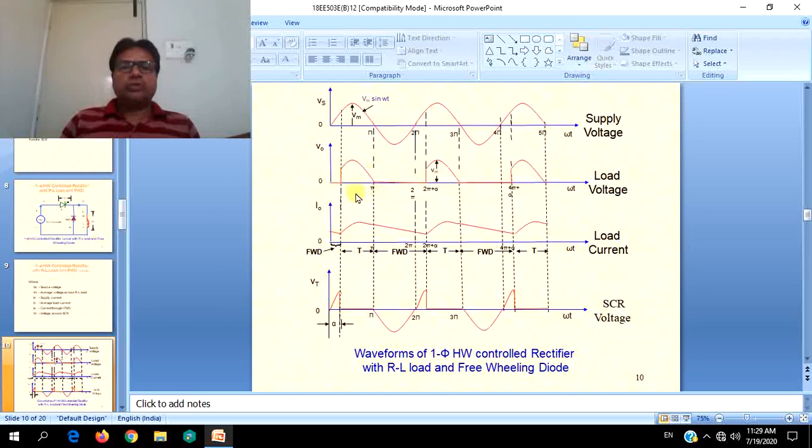Now come to the load voltage. It is 0 from 0 to alpha. At alpha, as the SCR turns on, the load voltage comes into the picture. Exactly at the angle pi itself, because of the freewheeling diode, the total voltage will appear across the SCR only, and the load voltage will become 0 at pi itself.